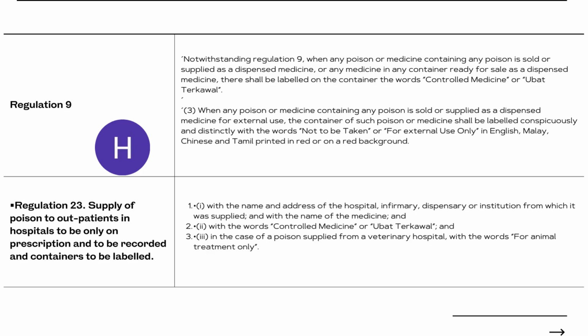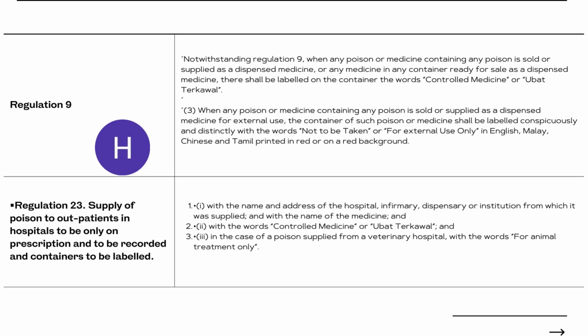The last one is regulation 23, which mentions the supply of poison to outpatients in the hospital. A few pieces of information must be included as well. The first one, the name and address of the hospital, pharmacy or institution, with the name of the medication, with the label of control medication, "ubat kawal."